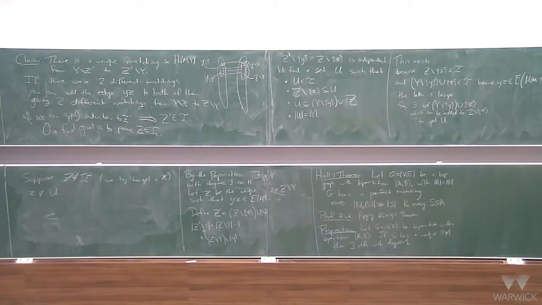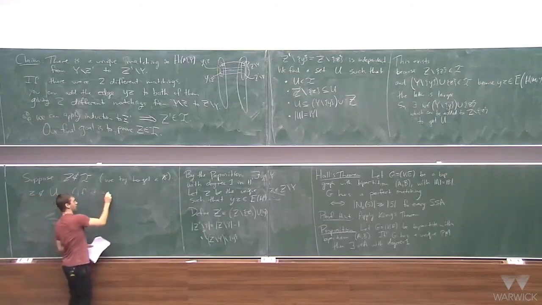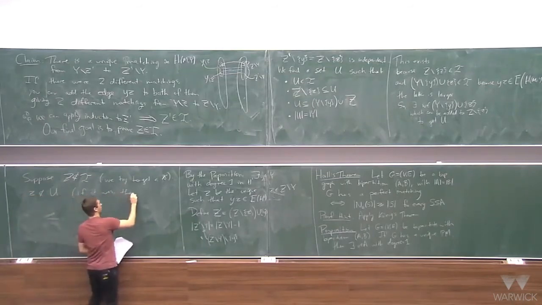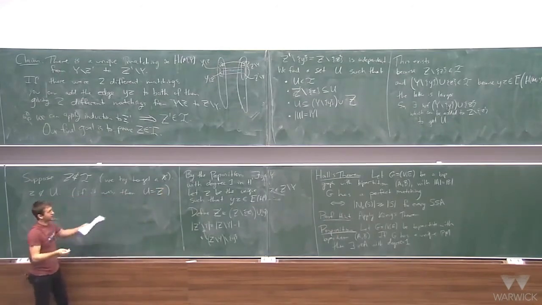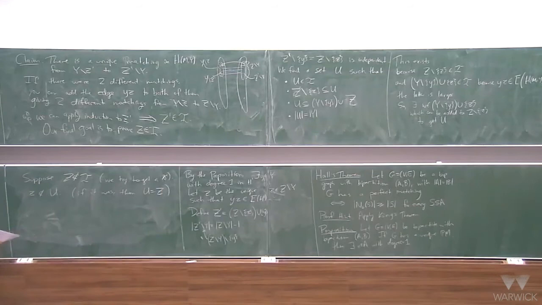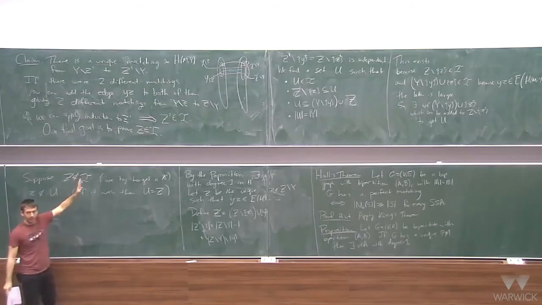Well, if it was, then U would just be Z, right? Because U contains all of Z except for little z. If little z was also in U, U would be Z, Z would be independent, we'd be done, right? Because U is independent.